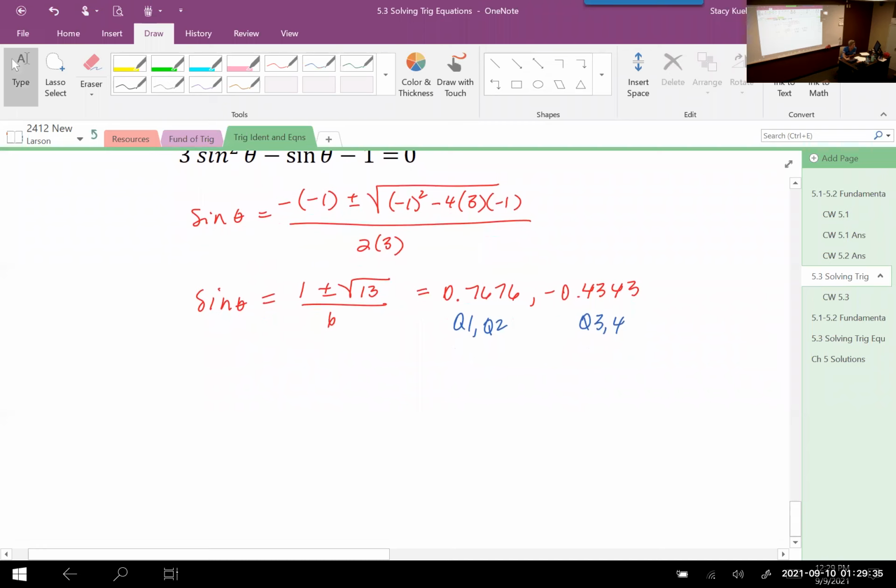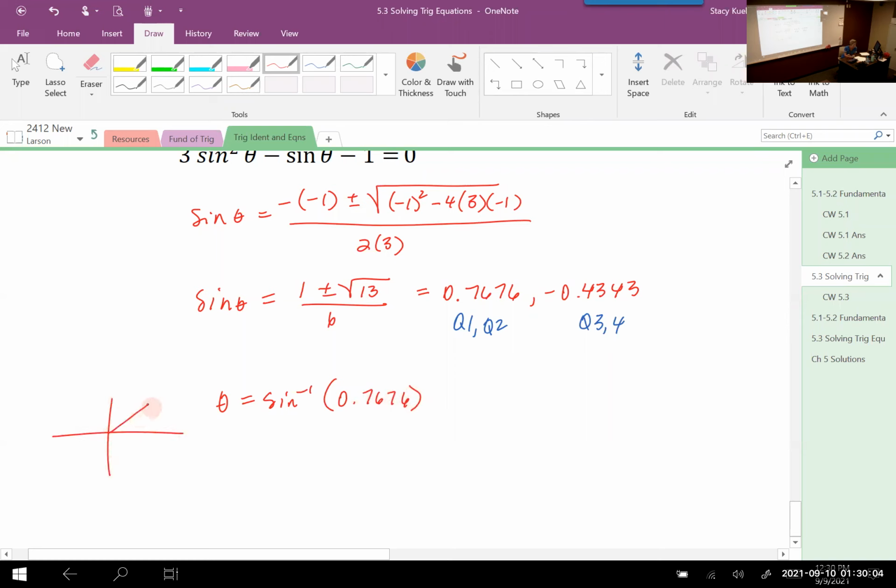So now we have to come up with the equivalent angle measurements. What angle, when I take the sine of it, gives me 0.7676? That occurs in 2 places, doesn't it? So we're going to take theta equal to the inverse sine of 0.7676.